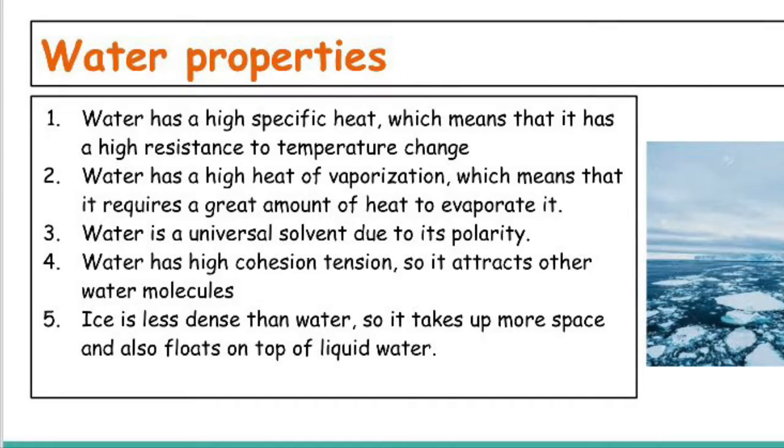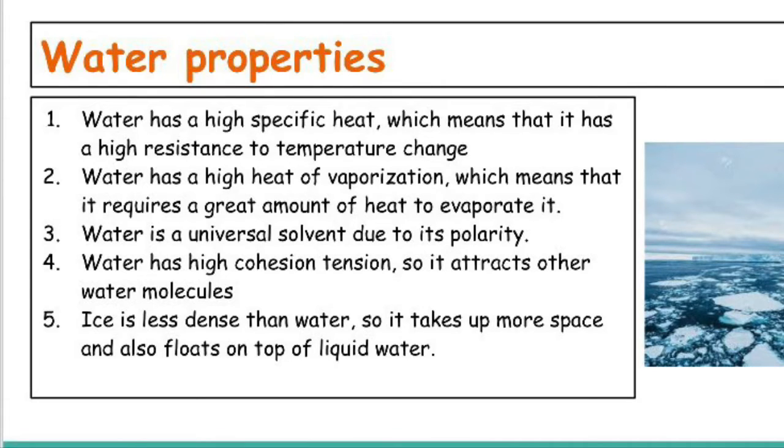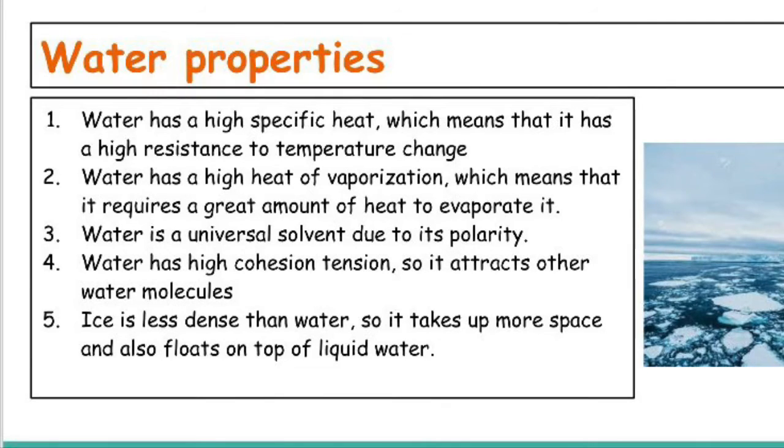Lastly, ice is less dense than water, and if it's less dense, then it will float on liquid water, which is more dense than solid. An example of ice on water affecting biological processes is in wintertime, when fish are in liquid water underneath the ice and are able to maintain their temperature.